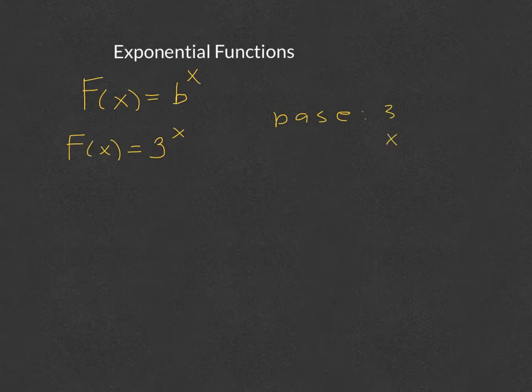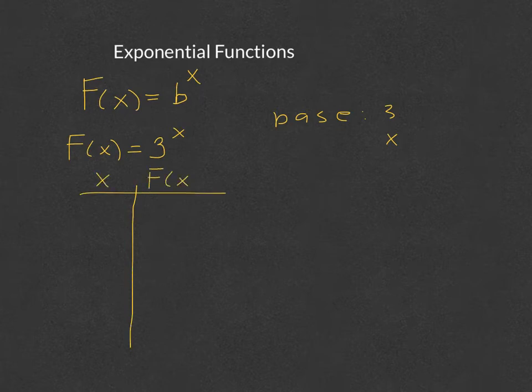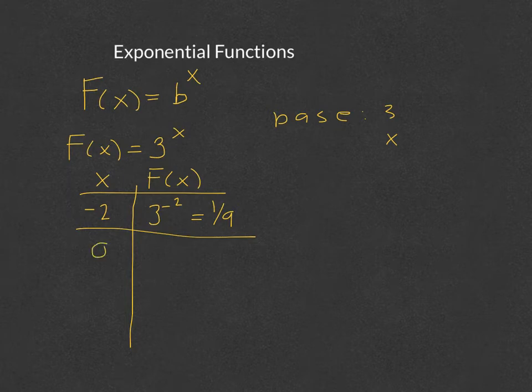We can actually do a t-chart to find the values here. So if I plug -2 into my exponent, it would be 3 to the -2 power, which would be 1/9.